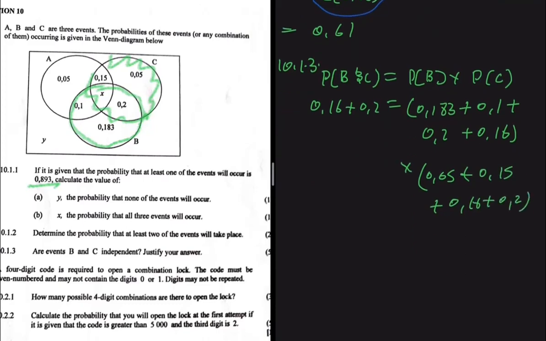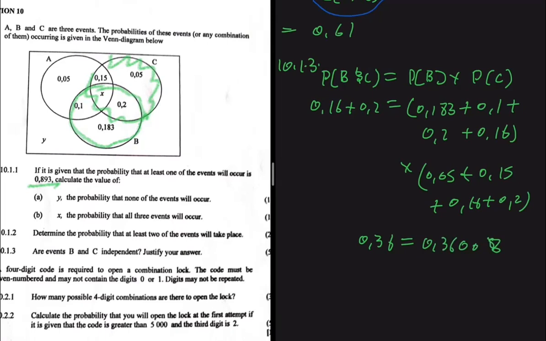So 0.16 plus 0.2 will be 0.36, and it should be equal to 0.36008, and we can see that 0.36 is approximately 0.36008, right?